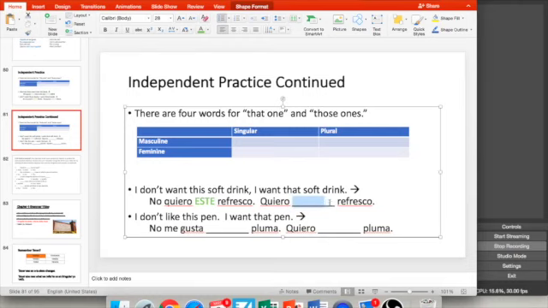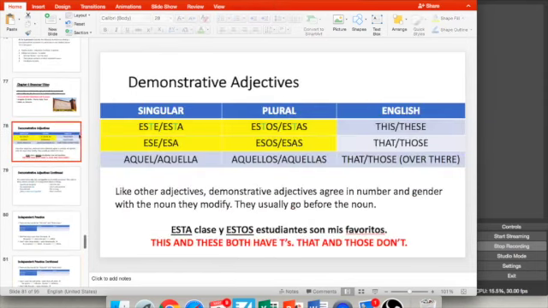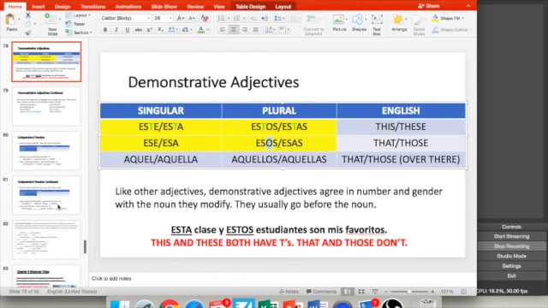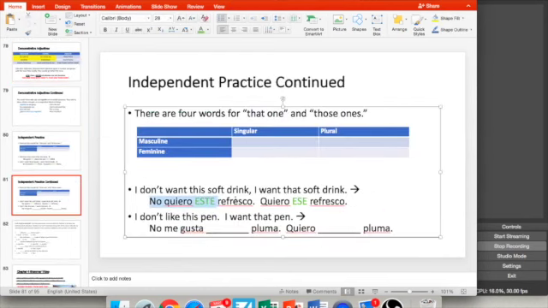And to get that, I am just going to remove my T. So I get ese refresco. Okay? Notice when you pluralize them, you don't get eses or estes. These are estos and esos. So the singular form has an E, whereas the plural has an O. So, no quiero este refresco, quiero ese refresco.